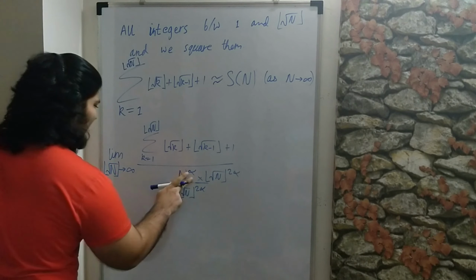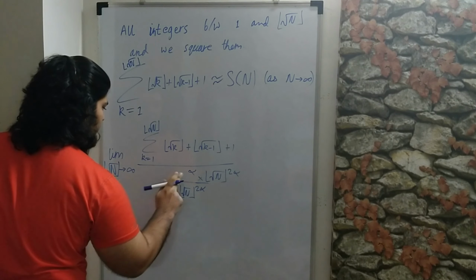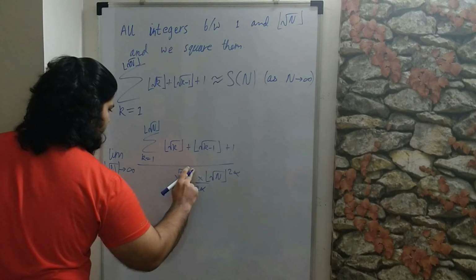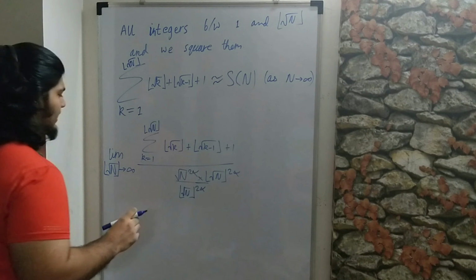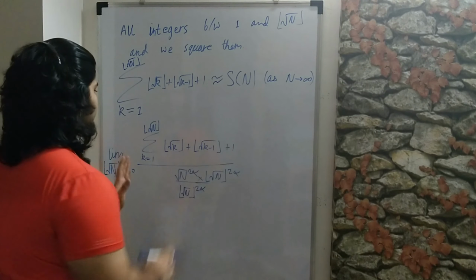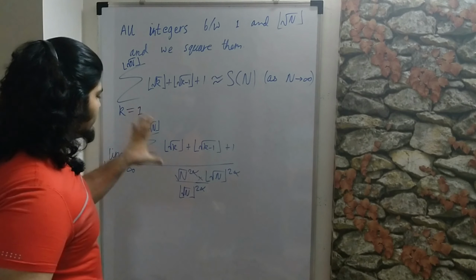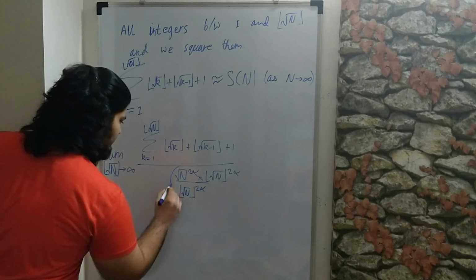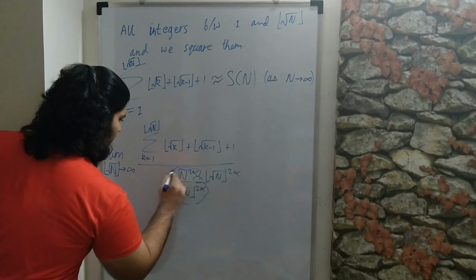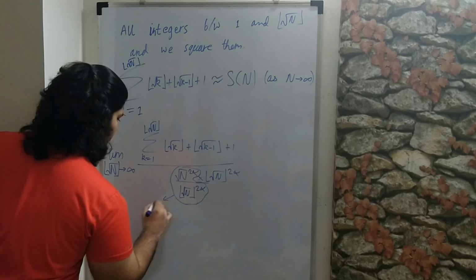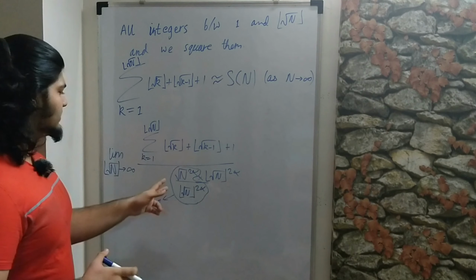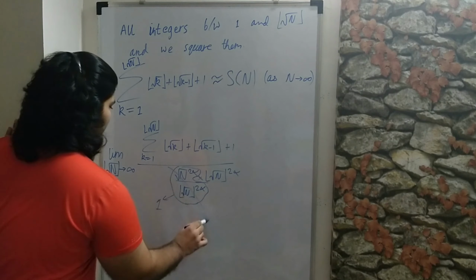Now notice that n to the alpha is nothing but root n to the 2 alpha, and the limit of this entire thing is the same as this divided by the limit of this thing, and you can see that this part approaches 1 as n goes to infinity, which means we can basically cancel these out.